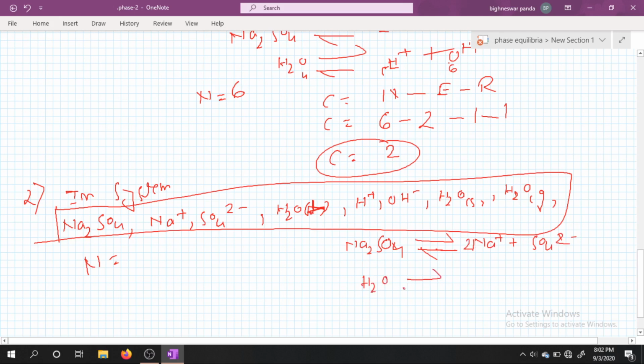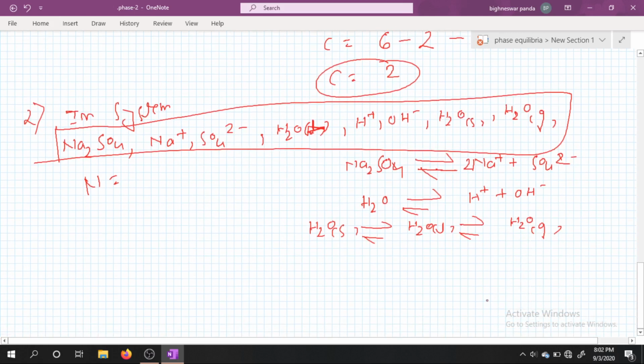Water is present with respect to H plus and OH minus, that means water also undergoes partial dissociation. H2O liquid, solid and gas are also present, that means water solid is in equilibrium with water liquid, which is also in equilibrium with water gas. So here the number of species 1, 2, 3, 4, 5, 6, 7, 8.